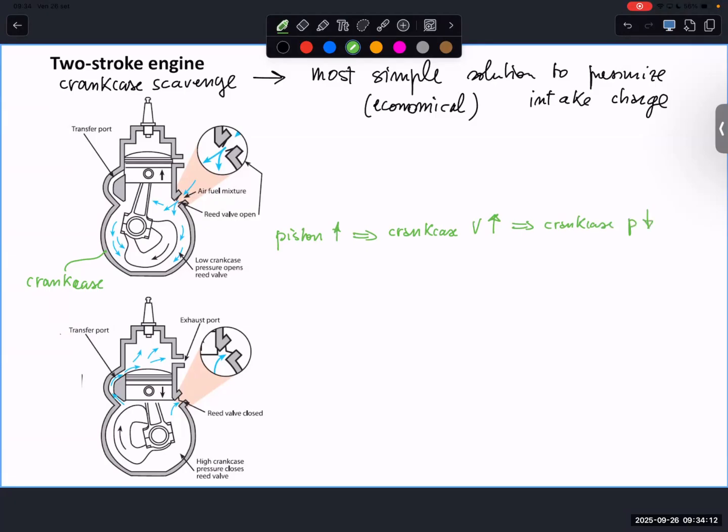decreases. So we can consider here the presence of a valve that is called the reed valve. You can consider this valve as an automatic non-return valve. Made by, for instance, two leaves of steel. You can see them here.